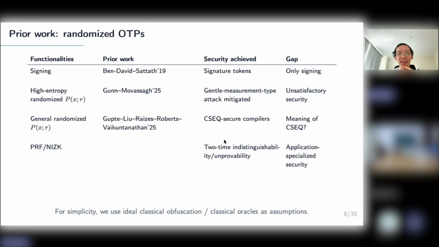So for PRF, they can do morally two-time indistinguishability, and for NISIC, you cannot prove two NISIC statements. So I guess they did this in order to show that their compiler or their security is somehow useful, but still, this is just the security notion catered to each application.